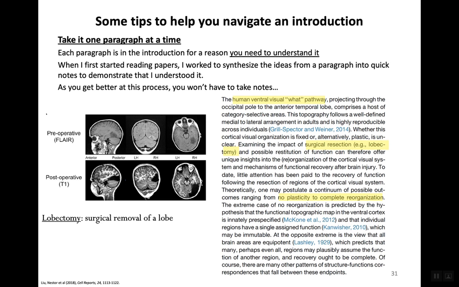Moving on, the extreme case of no reorganization is predicted by the hypothesis that the functional topographic map in the ventral cortex is innately pre-specified and that individual regions have a single assigned function which may be immutable. Okay, so this defines or brings more clarity to what no plasticity refers to.